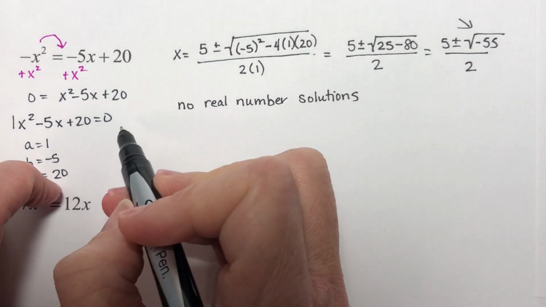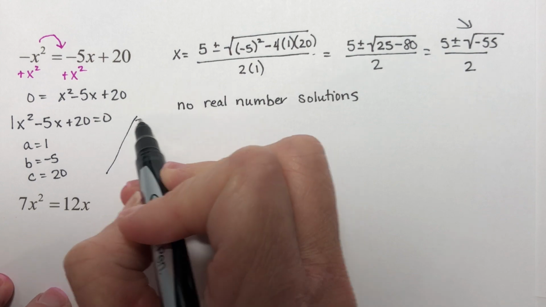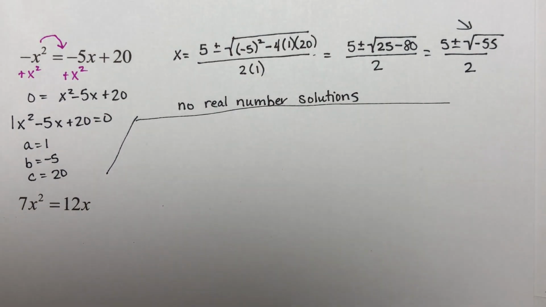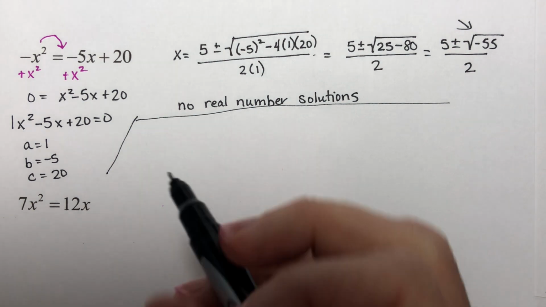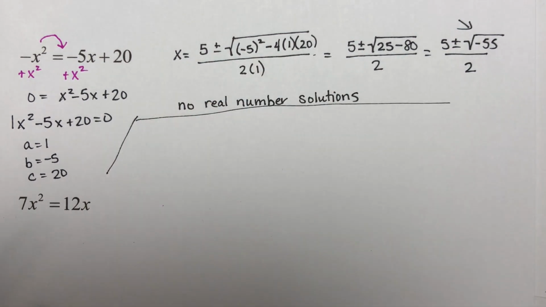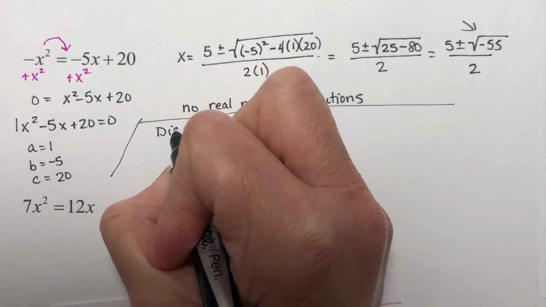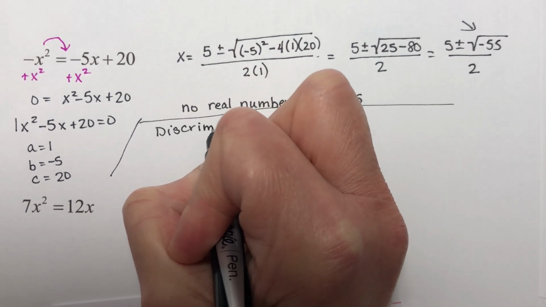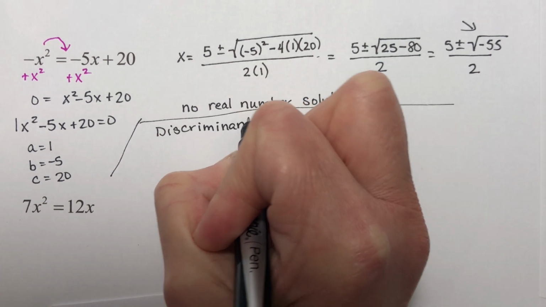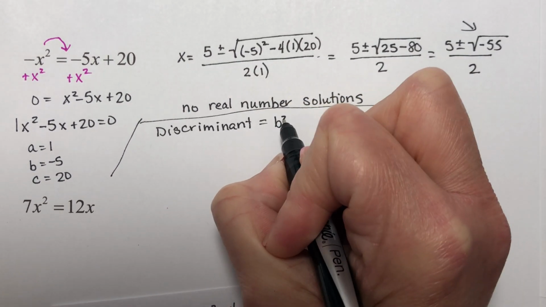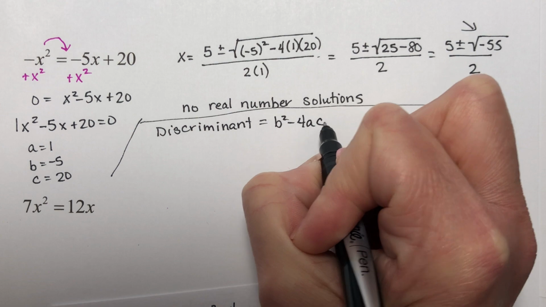Okay? Now I'm going to step back a little bit. At the very beginning, I said that the part under the square root is really important, and it is called the discriminant. And this is the b squared minus 4ac part.